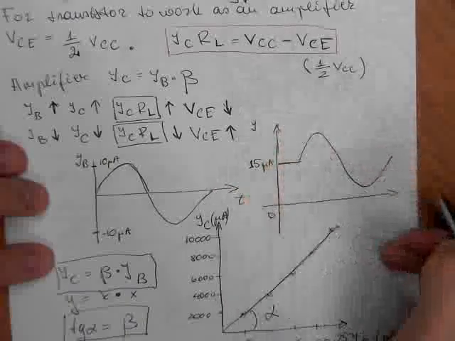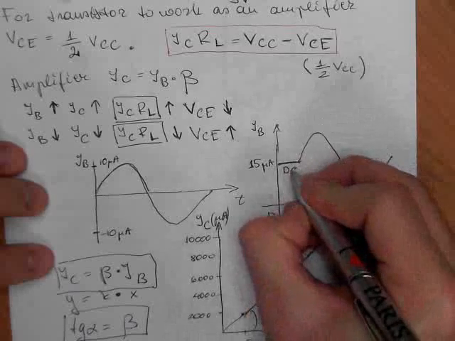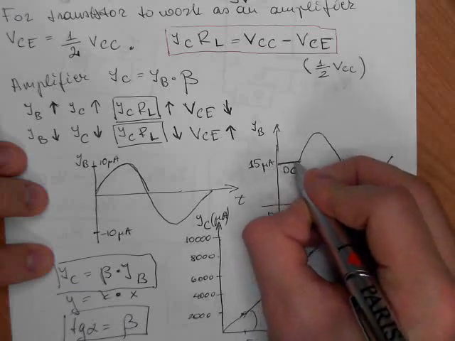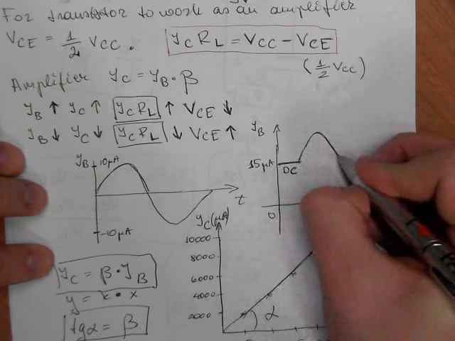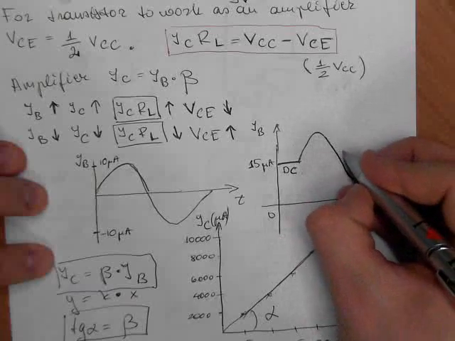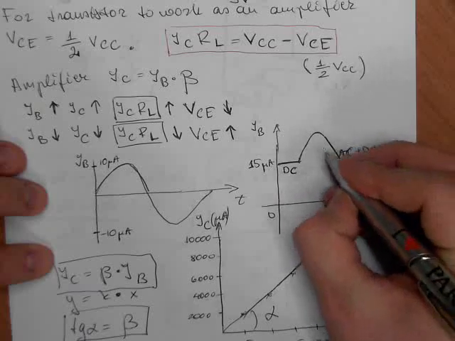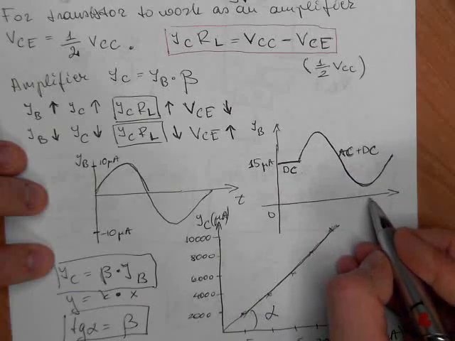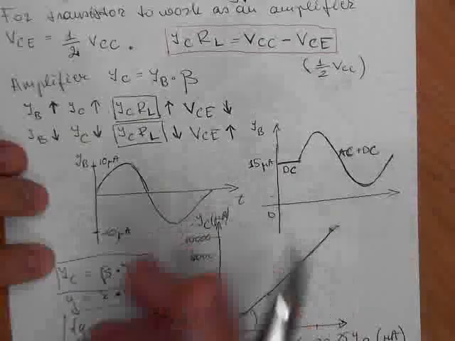So this is the DC part of IB, some DC part that is constant, that we need to pre-select, and this is the input signal. The input signal develops, this is the AC part plus DC, and this input signal develops on the DC part. So this is done in order not to get this minus, as I show here. This is minus, but usually it is done here because it's more convenient to make this kind of circuit.